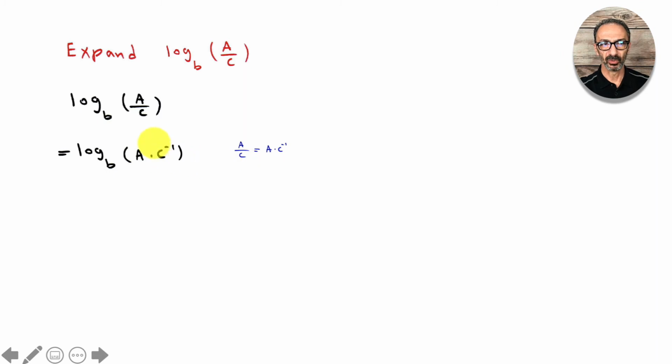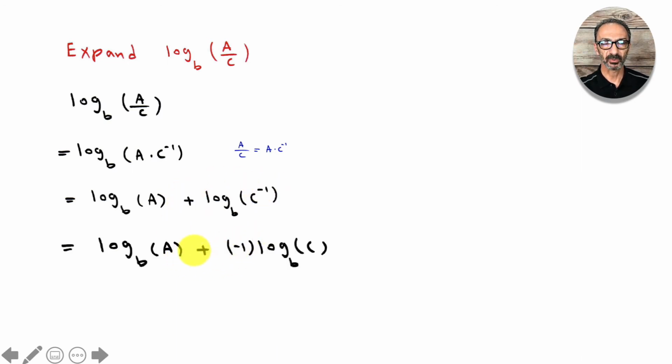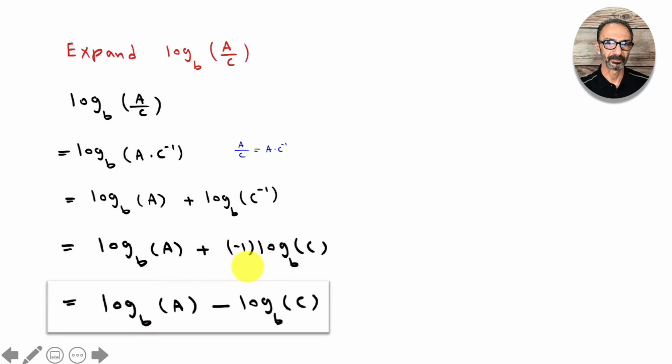If you move the c to the top, it has to change to a negative exponent because it was a positive exponent down below. Applying the product rule, it's log a plus log c to the power negative 1. Applying the power rule, I'm going to take the minus 1 up front, change this to a subtraction. There's no need to say plus negative 1 times, and we're done.